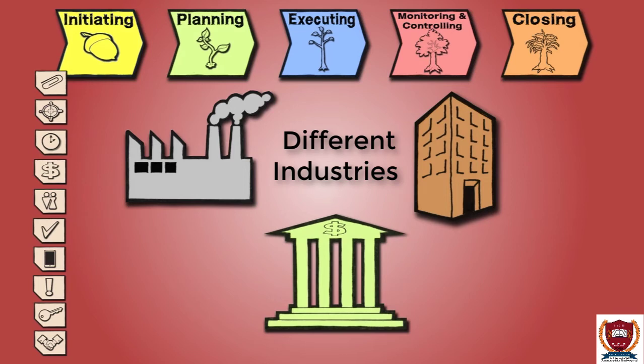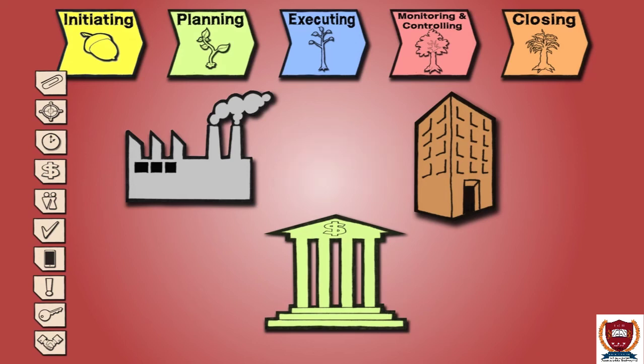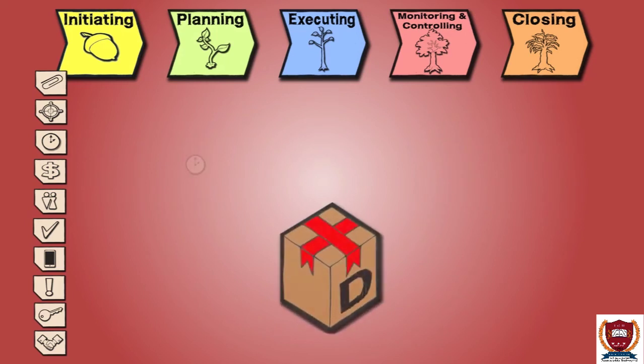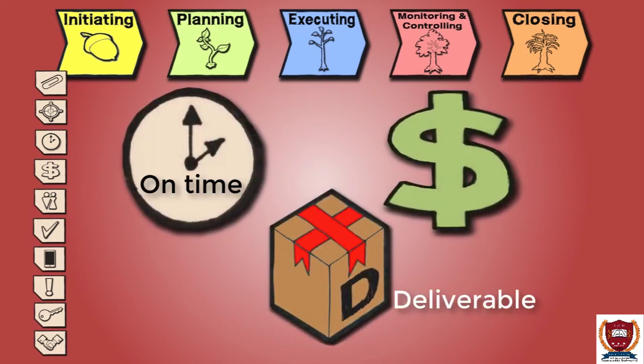In project management, it doesn't matter if a project is huge, complex, and international, or small, simple, and localized. It's important for a project manager to follow the processes within the framework. By doing so, the project manager can ensure the seamless flow of the project's implementation, and it will help the project manager to successfully complete the deliverable on time and within the project's budget.